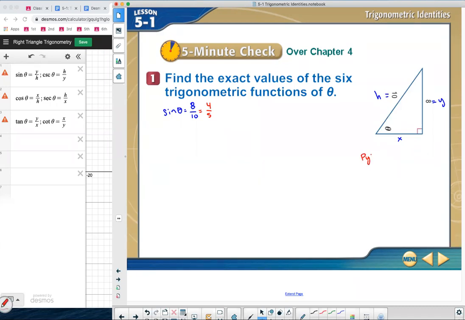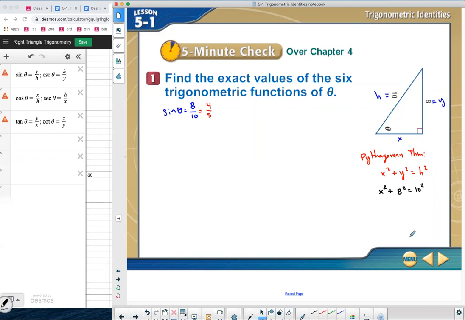So if I use Pythagorean Theorem, which you learn in, like, 7th grade, that it's a squared plus b squared equals c squared. Well, I use x, y's, and h's, so I'm going to say x squared plus y squared will equal our hypotenuse squared. So if I substitute in the values, we have x squared plus 8 squared will equal 10 squared.